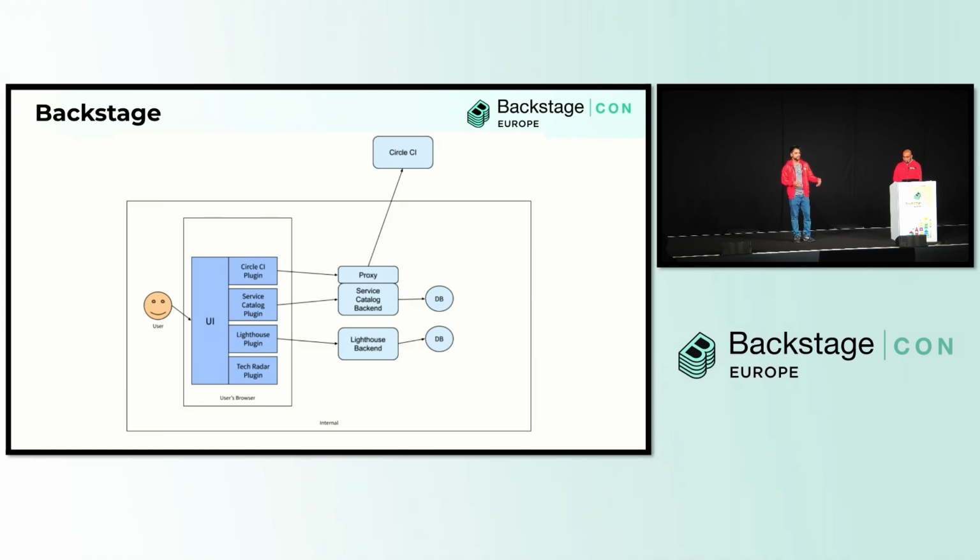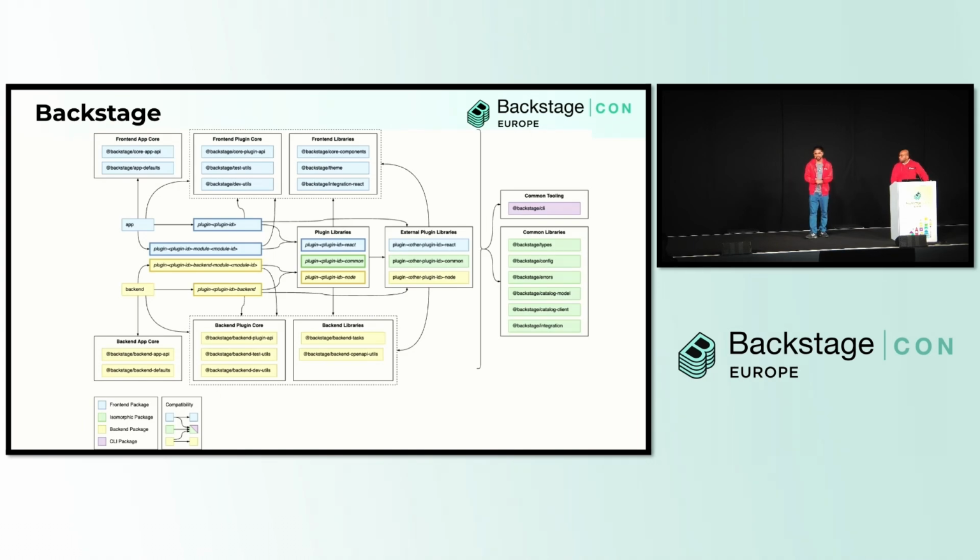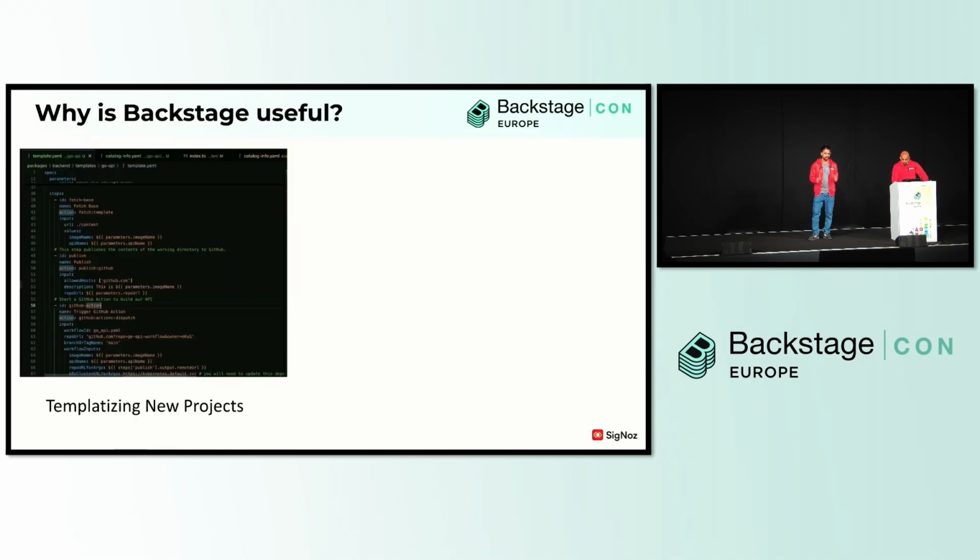You can have different plugins, for example, an Argo plugin to have an Argo dashboard in Backstage. And under the hood, the backend of Backstage is written in Node.js. You can create different packages if you want to define a custom plugin, or you can use the community published packages to integrate with the existing plugins. So that's how it works.